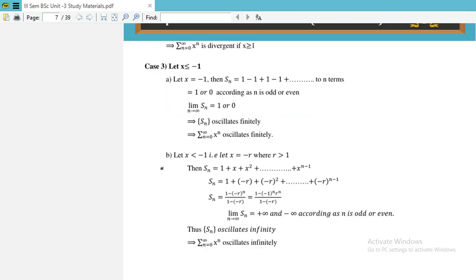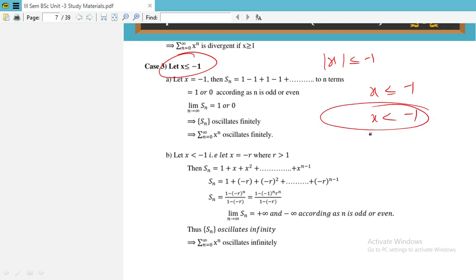Third case, mod x less than or equal to minus 1, that is, x less than or equal to minus 1. If x equals minus 1, the series oscillates finitely.